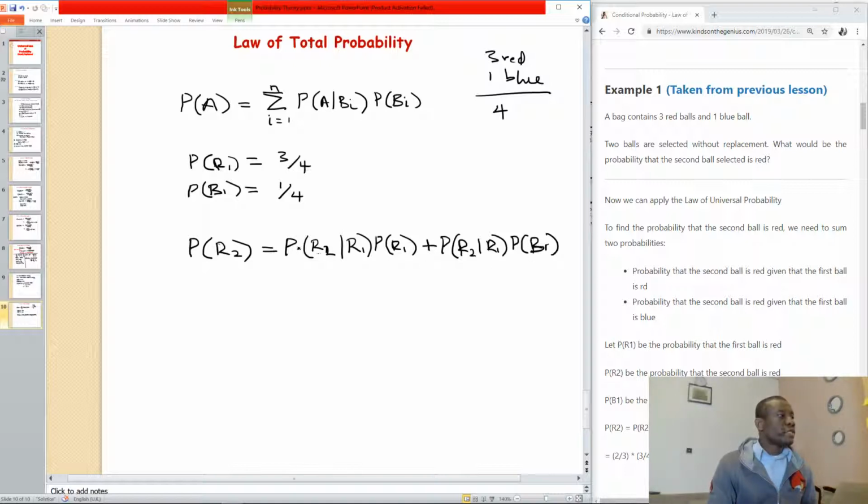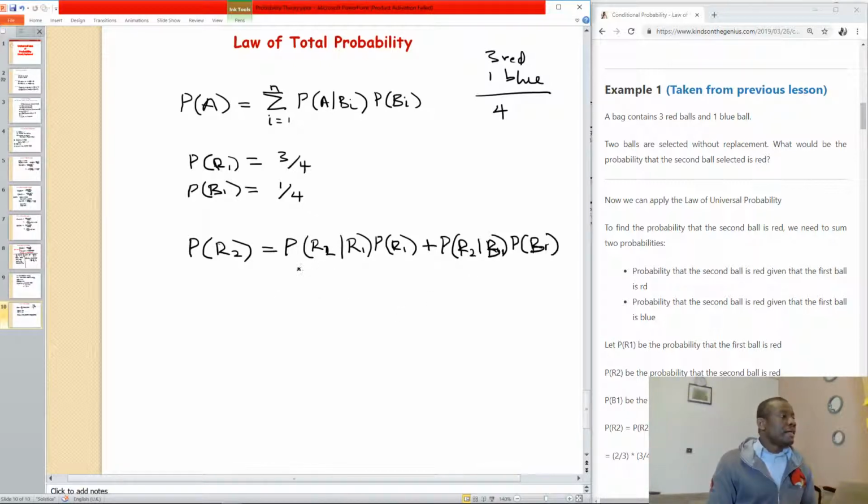So in this case, we are summing the conditional probability that the second ball is red, given that the first ball is red, plus the conditional probability that the second ball is red, given that the first ball is blue, B1. All right.